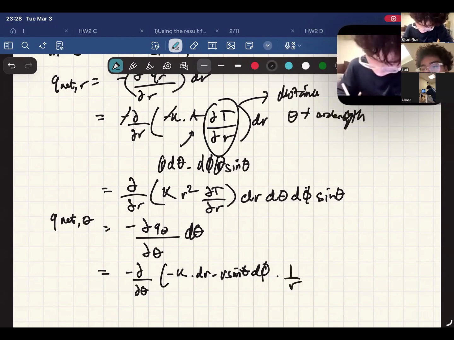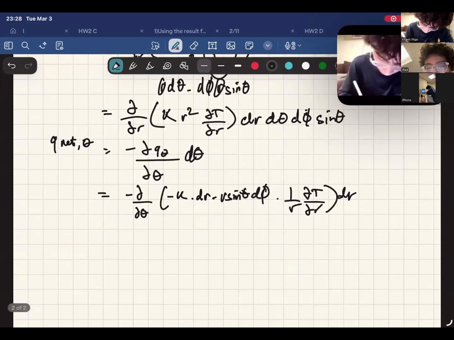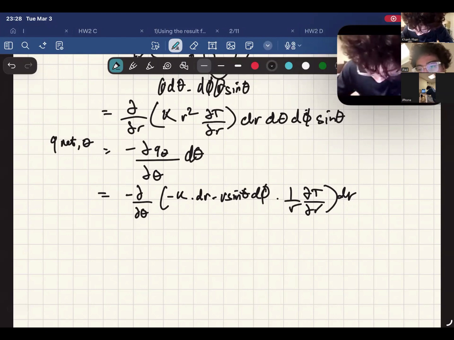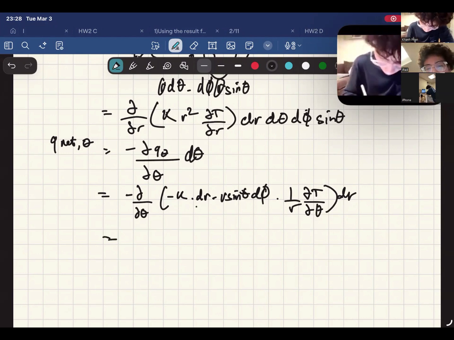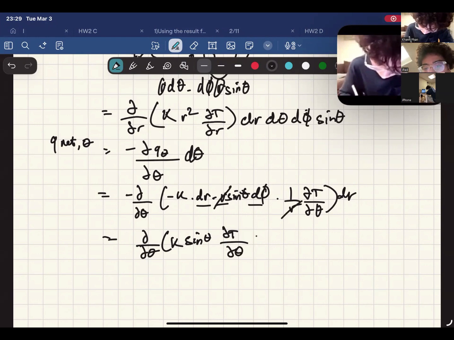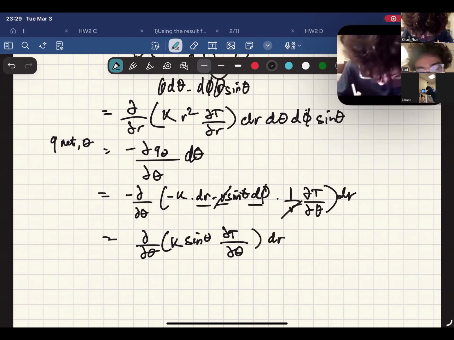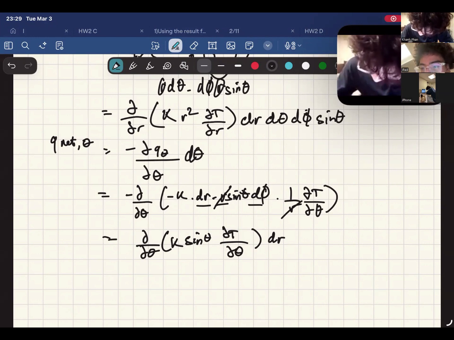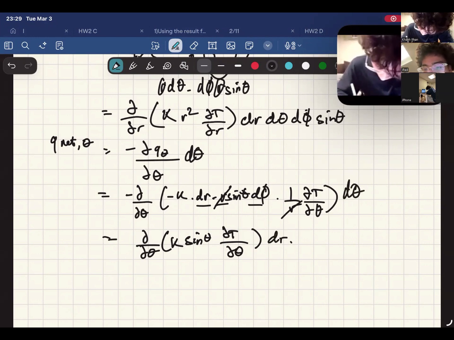Therefore we would have 1 over r dT d theta, I mean, sorry. And then we take r and d theta out. We would have d theta of k sine theta dT over d theta, and then r we also cancel out too. So we would have dr over here, and d theta. Sorry for the confusion. So we have dr, d phi, and d theta.